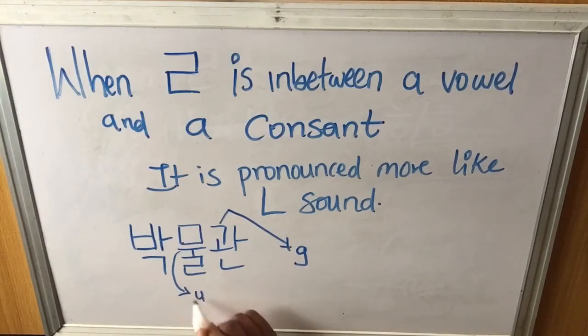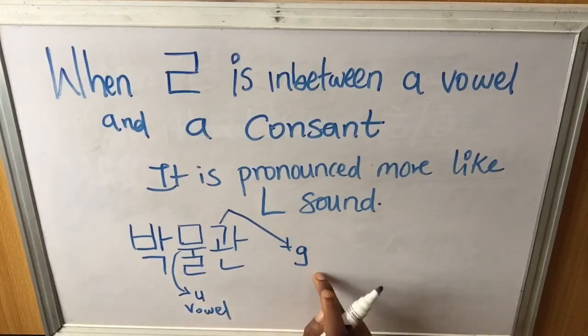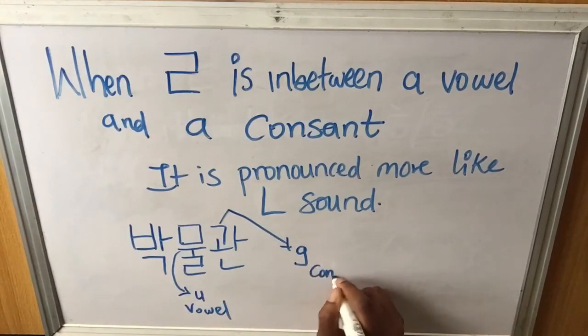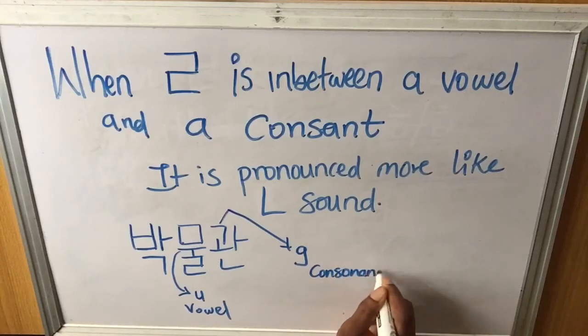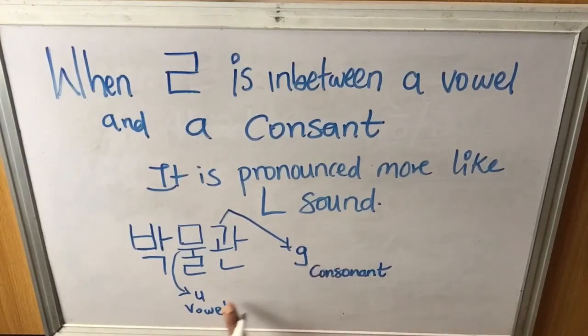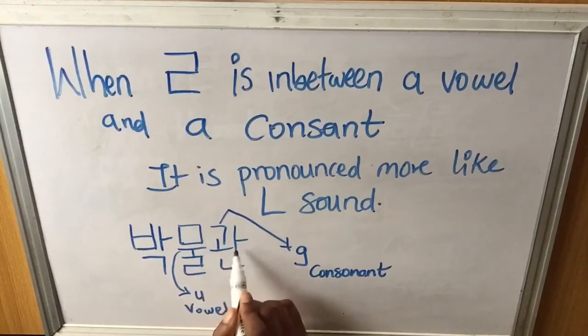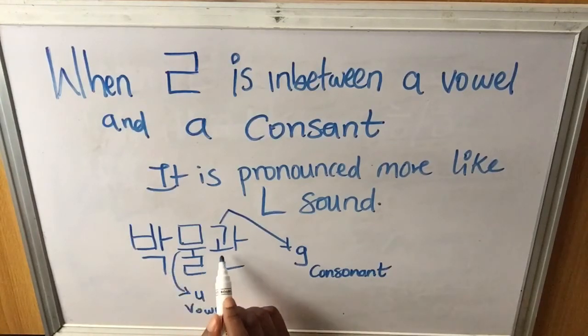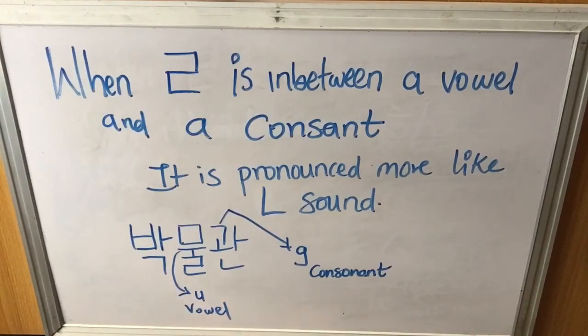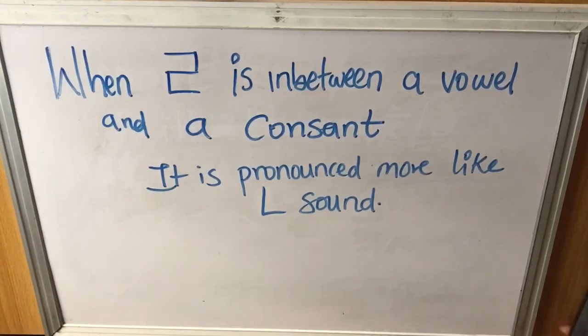So before rieul we have U, a vowel, and we have G, a consonant. So it's in between G and U, which is a vowel, so we pronounce it as an L sound. So 박물관.